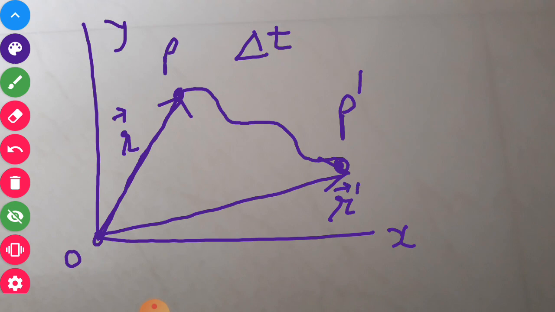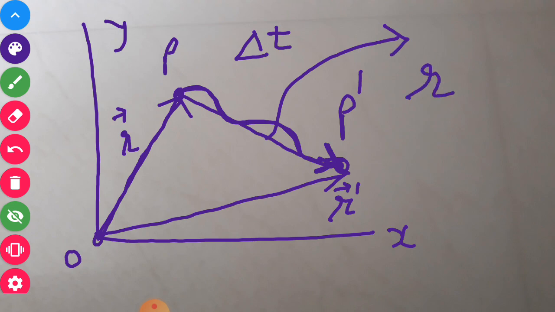Then this curved path shows the path length. But if you join the initial to the final point and make an arrow towards the final position, that gives you the displacement. That is final position minus initial position.